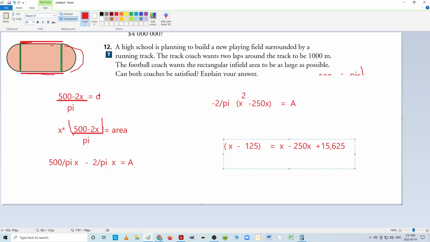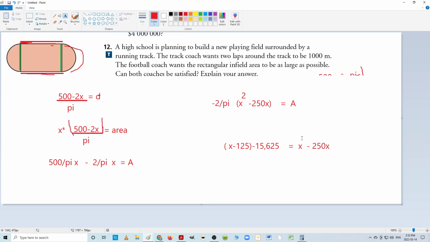But this is the only part I want from it, so that means I'm going to have to subtract this on this side in order to get what I want. There we go. And keep in mind that's squared, and the outside of this is squared. Which means up above, I can replace all of this with this.